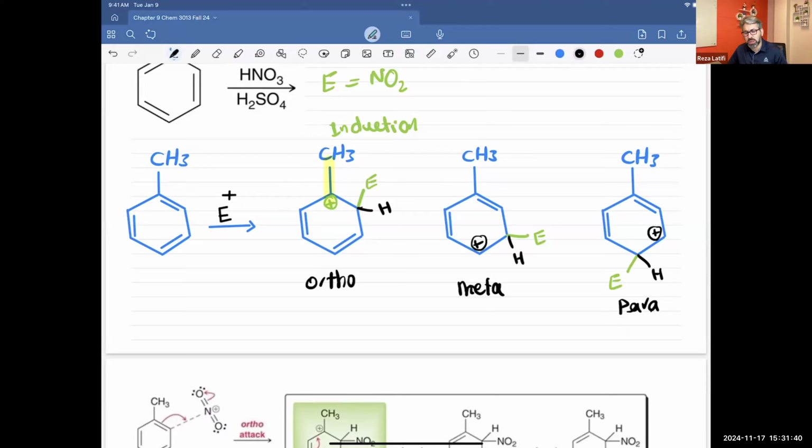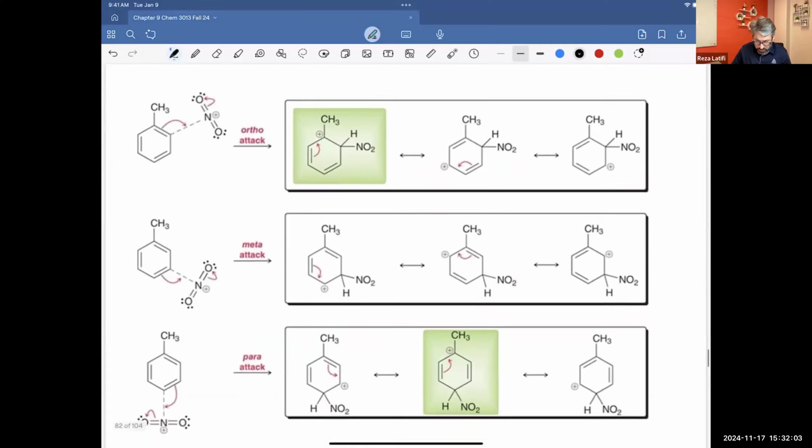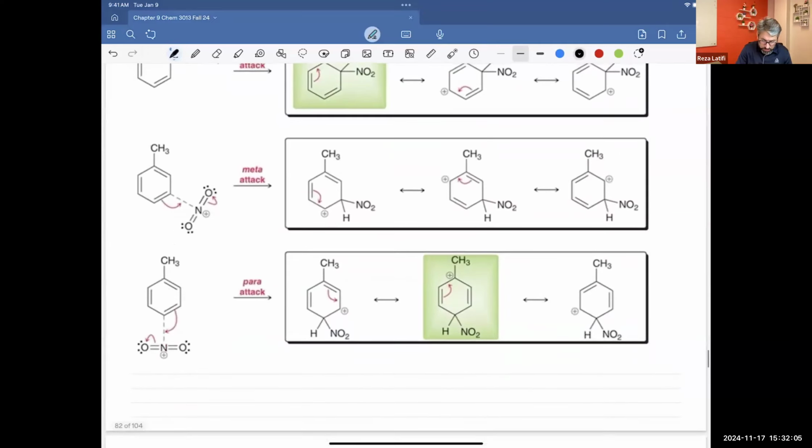Okay, now let's talk about how stable these carbocations are. The first case is through ortho attack. If we add it through the ortho position, we will have the positive charge close to the substituent, close to the methyl electron donating group, and that's fantastic. Next one, let's check this time the para.